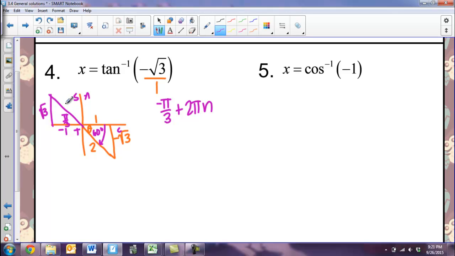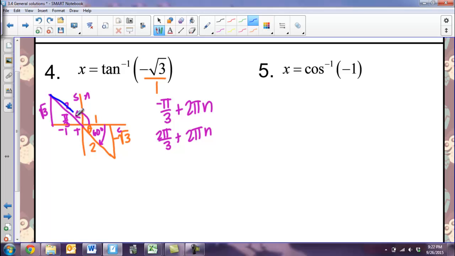Still would make negative root 3, and then 2. And so then I find this angle. You take pi and subtract pi over 3, and you'd get that it would be 2 pi over 3 plus 2 pi n.